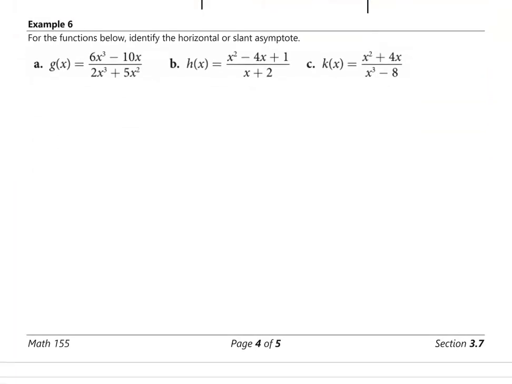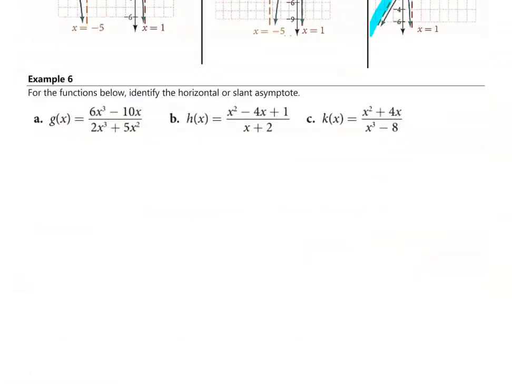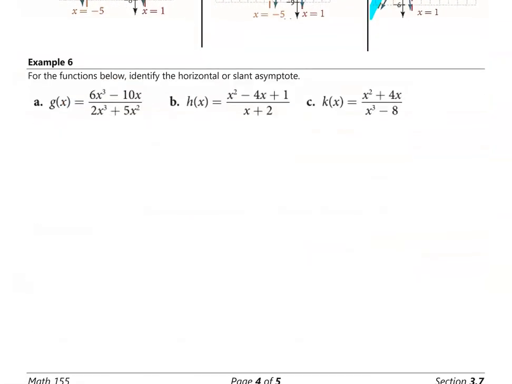Now, example number 6. For the functions below, identify the horizontal and the slant asymptote using these properties. All you have to do is take a look at the degree of the top and the degree of the bottom. So letter A, the degree of the top is 3, the degree of the bottom is 3. They are the same.